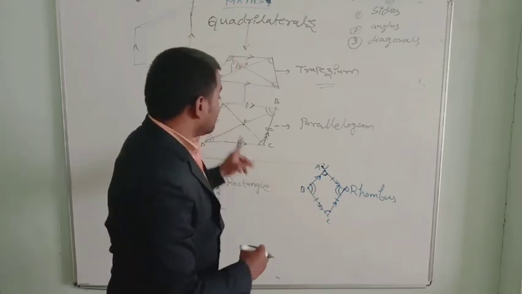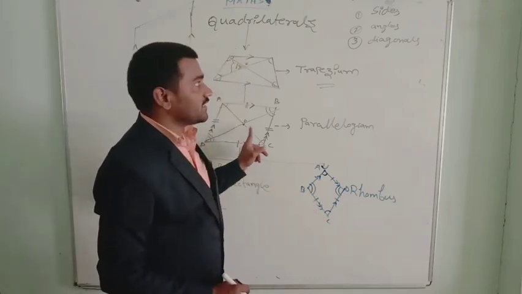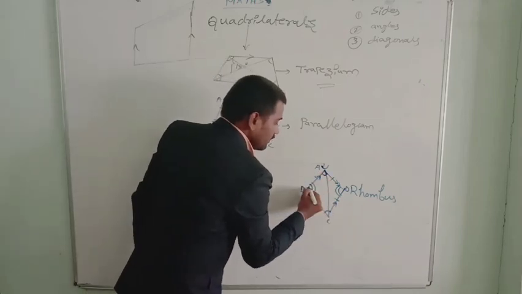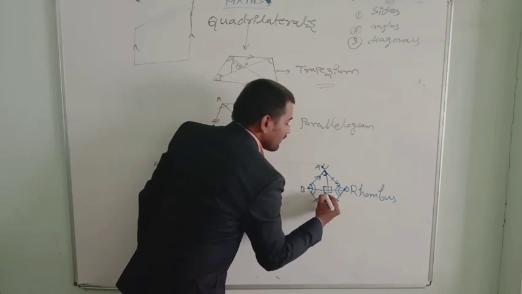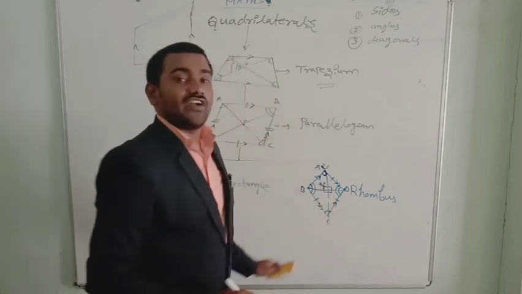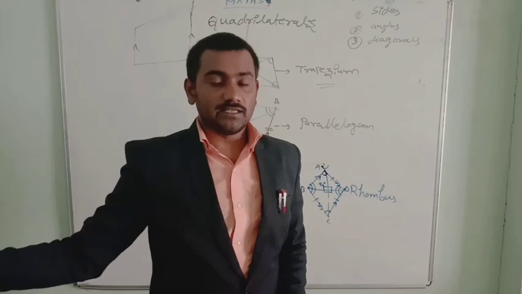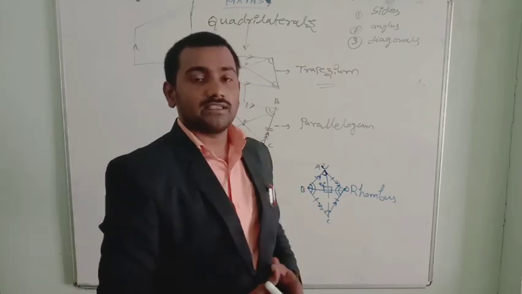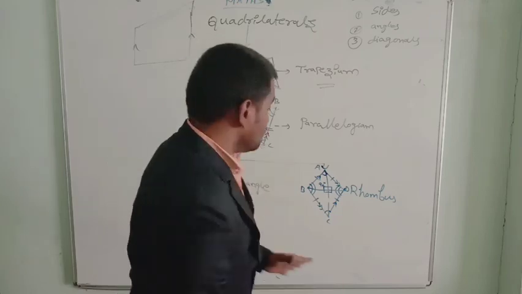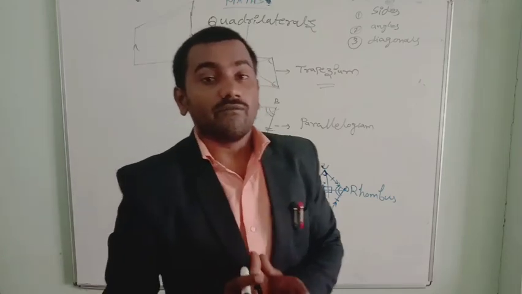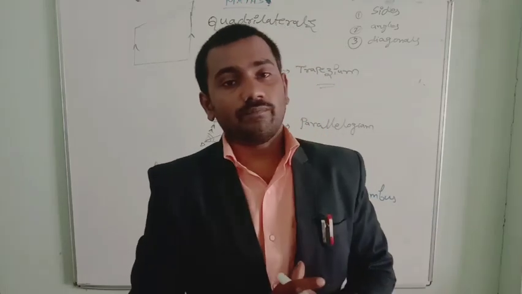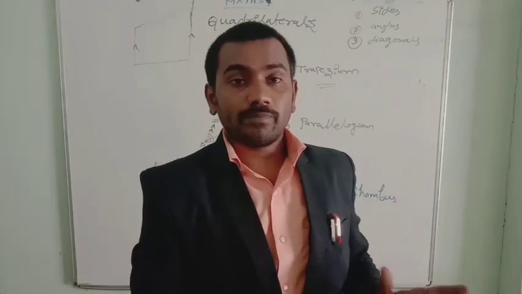In a parallelogram the diagonals bisect each other, but here the diagonals are not bisecting. The diagonals are perpendicular to each other. So a parallelogram where all the sides are equal is known as a rhombus.